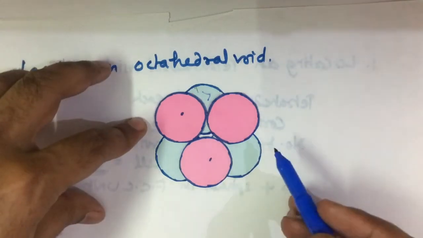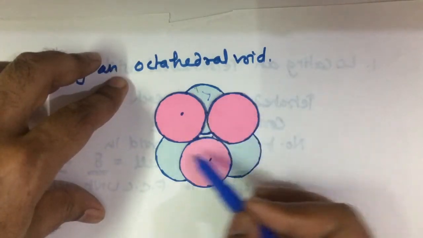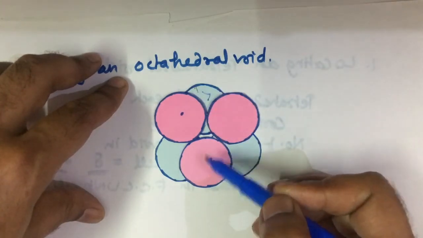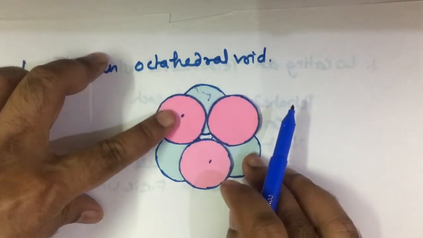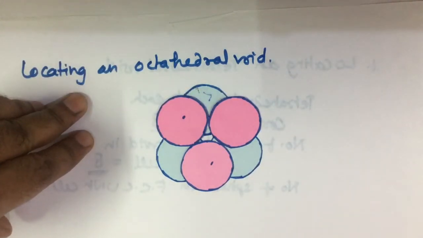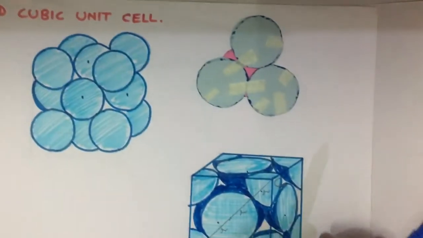If you closely observe, I have told you there are 4 spheres, 1, 2, 3, 4 in square form. One is above, one is below. So this is an octahedral void. Now let us locate this octahedral void in an FCC unit cell.